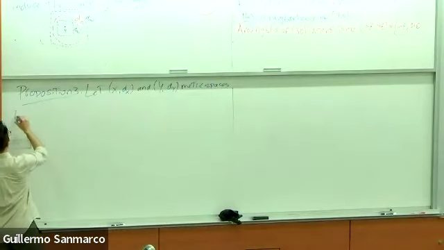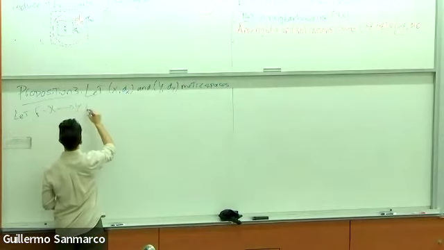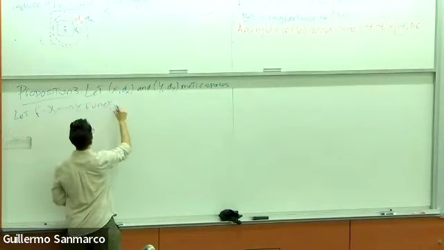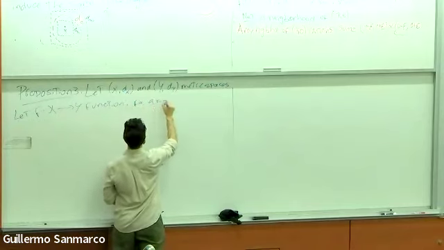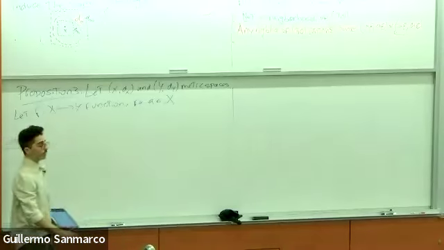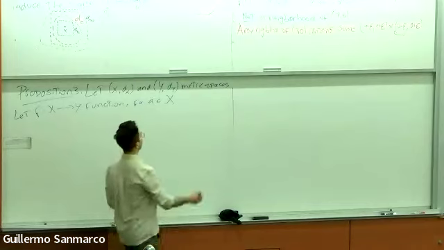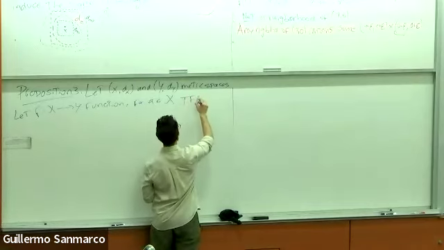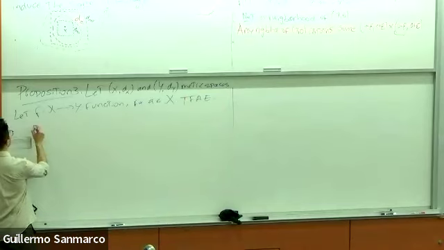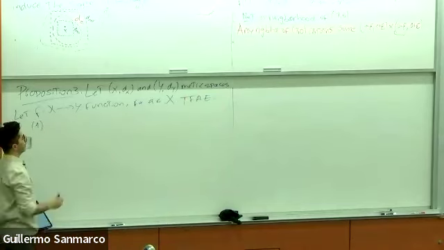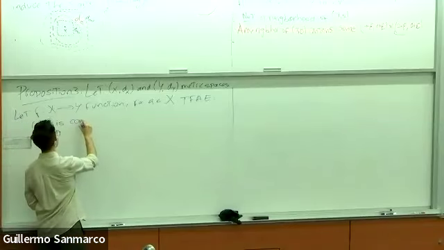And let's take a function f from X to Y, and let's fix some a in X. Then the following are equivalent. The first one is: f is continuous at a.